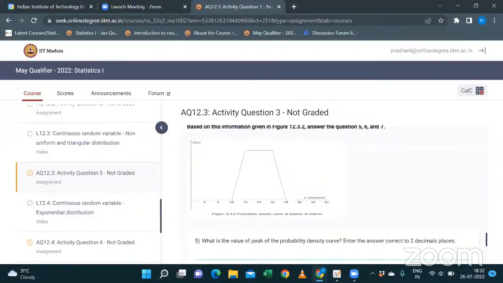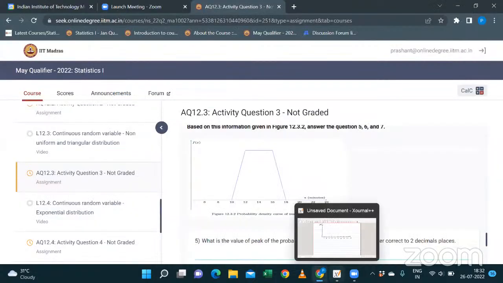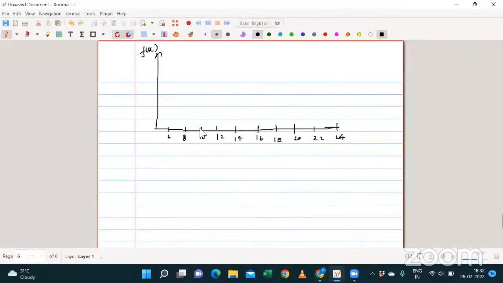It's from 10 to 18, and 12 to 16. So something kind of this shape, right?